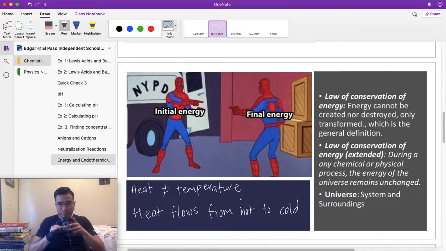If my coffee releases energy in the form of heat, so that energy remains unchanged, then the surroundings will gain that heat released by my coffee. Okay? Because energy cannot be created nor destroyed, it'll remain unchanged. Hopefully that made sense.